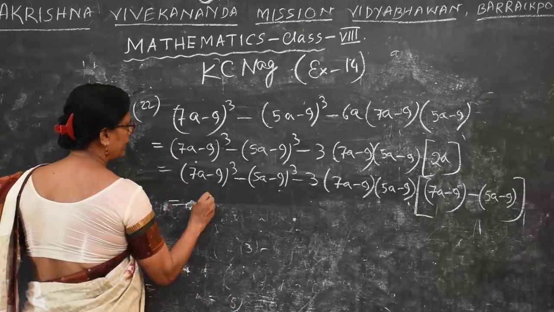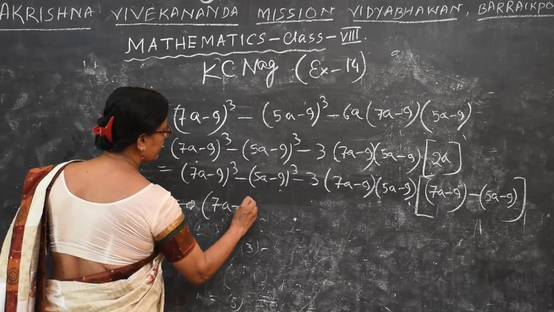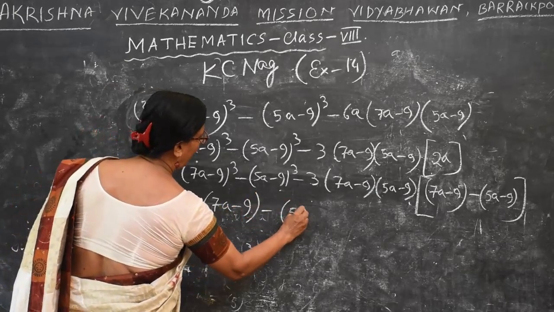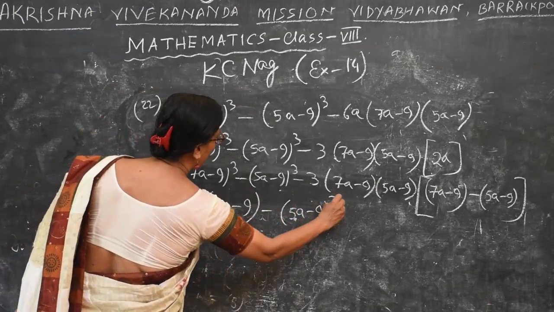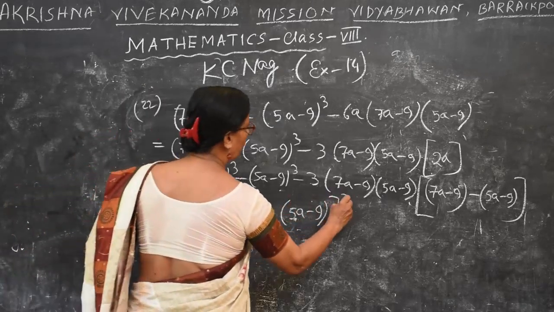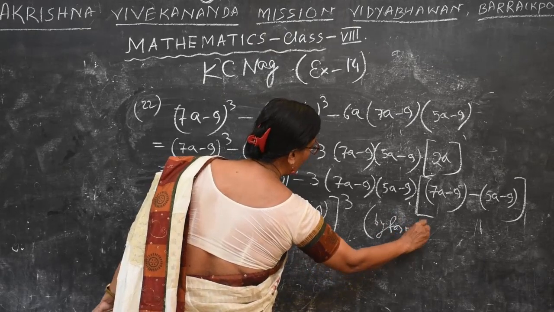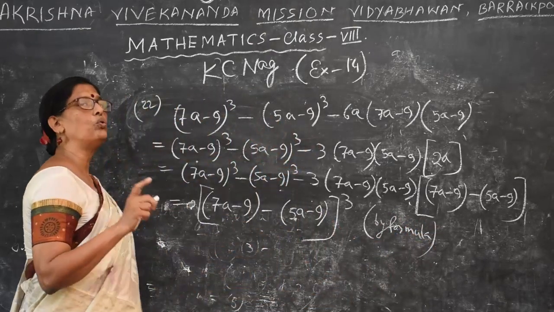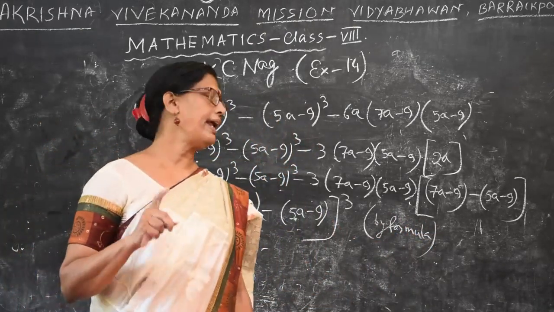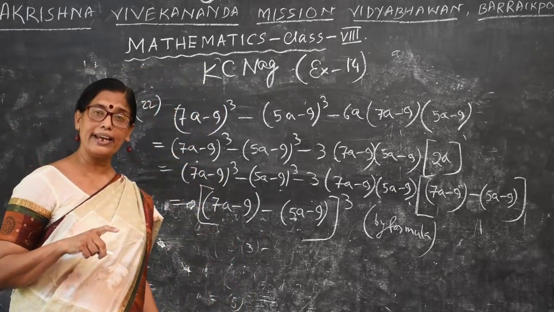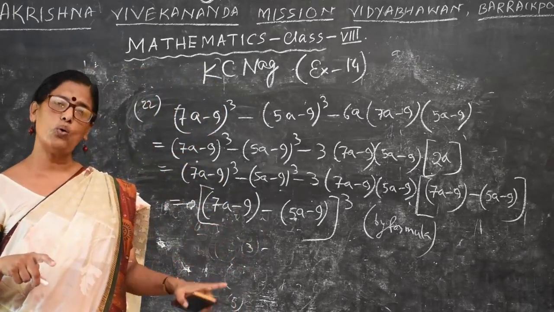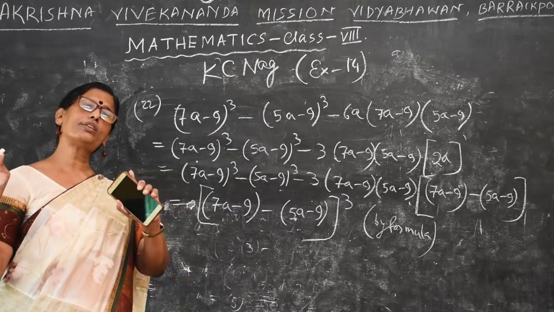Here, if you want to use 7a minus 9 as x and 5a minus 9 as y, you can do it by this process also.